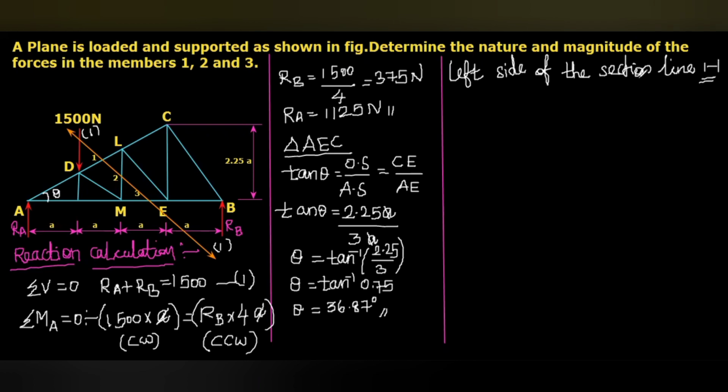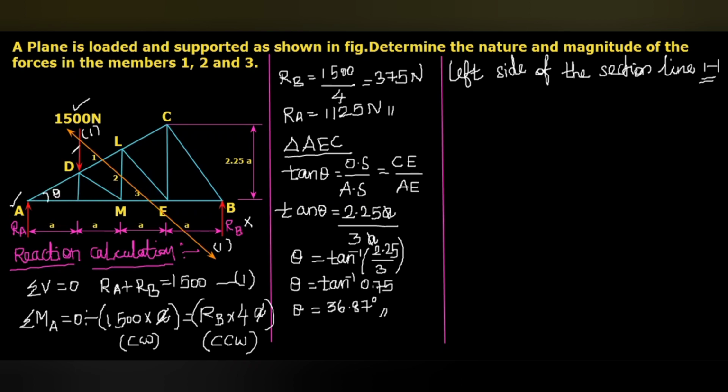Okay, so here you can see, as usual, the point loads. What are all the point loads acting in the considered portion? 1500 Newton and the RA. These two are acting in the considered portion. The RB is not acting in the considered portion, so we are not going to consider it in this calculation.